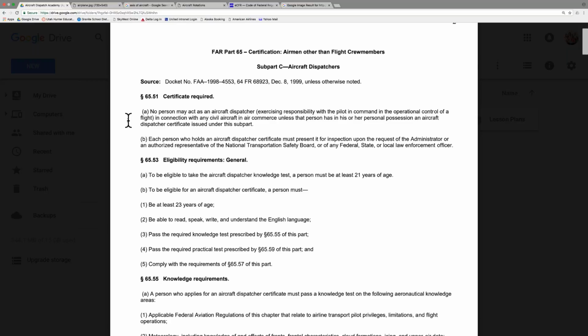One of the first things he'll ask the dispatchers that he audits is he'll walk up to them and say, I need to see your dispatch license. And at that moment, it can't be in your car, can't be in your locker, it has to be on your person. You have to pull out your dispatch license and hand it to them. So that is an FAR that is required.